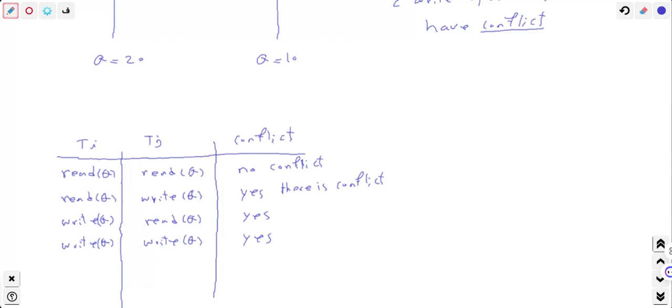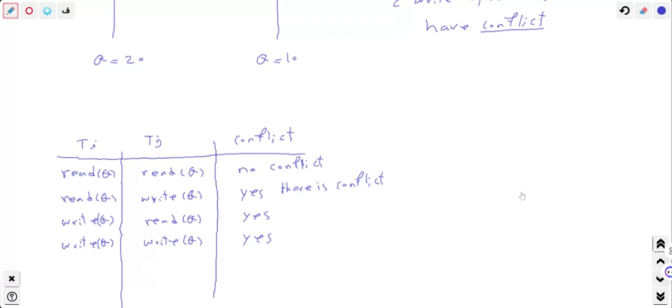If we change the order of their execution, the result is not the same, so we say that they have conflict. Only two read operations do not have conflict.